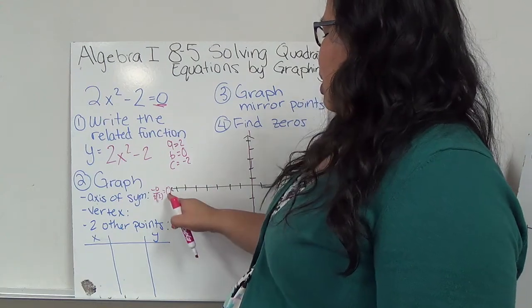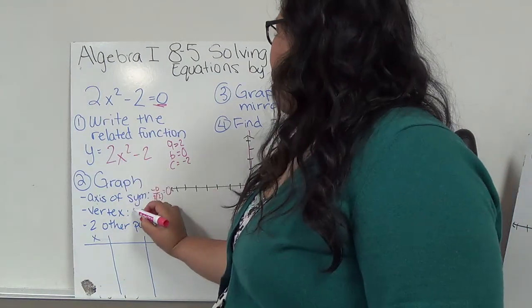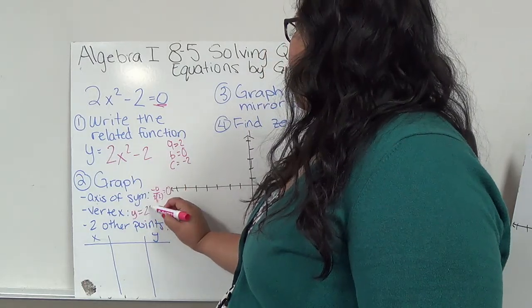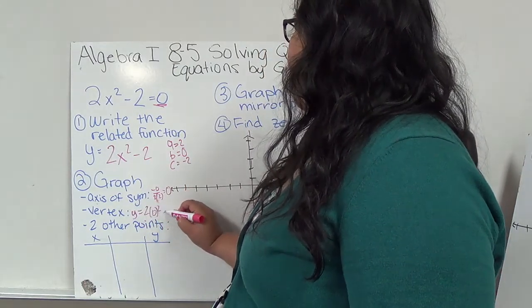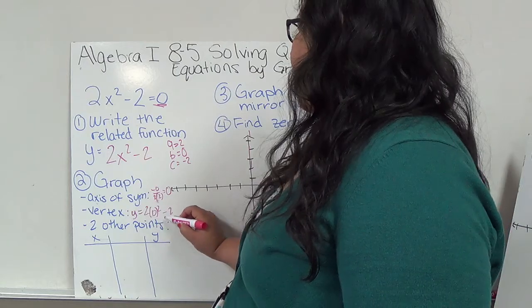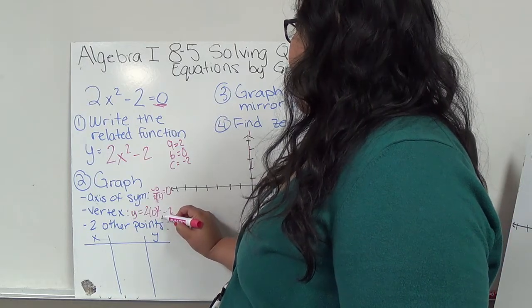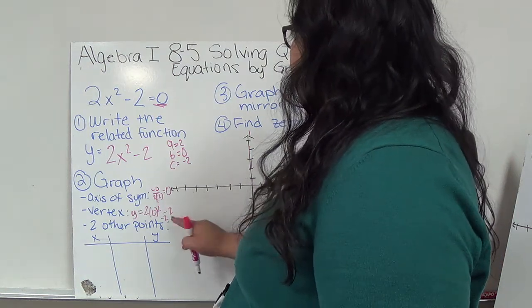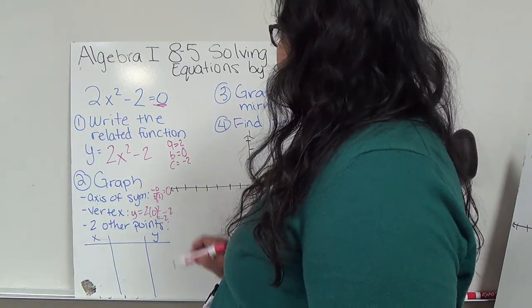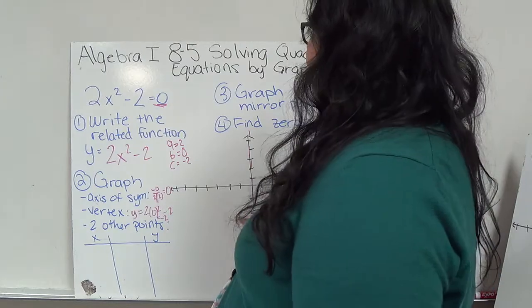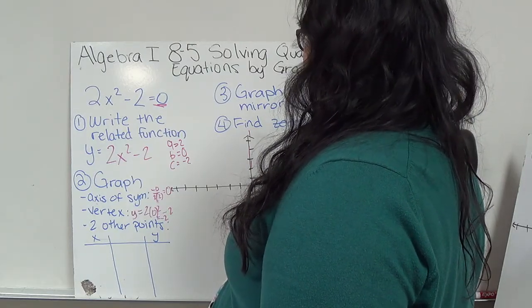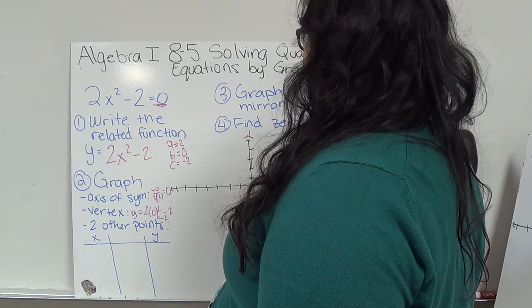My vertex is to take this and plug it into my equation. So y equals 2 times 0 squared minus 2. 0 times anything is 0, so I have negative 2. So my vertex is 0, negative 2.